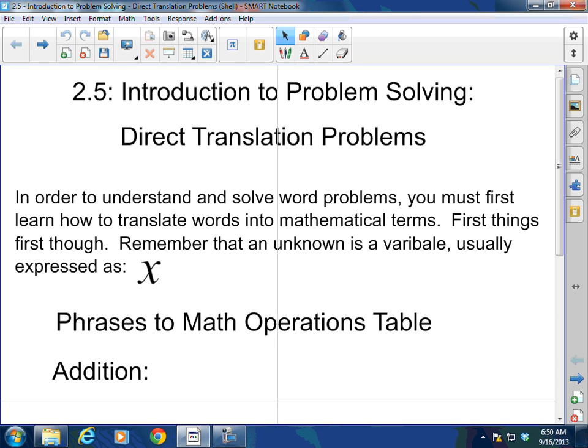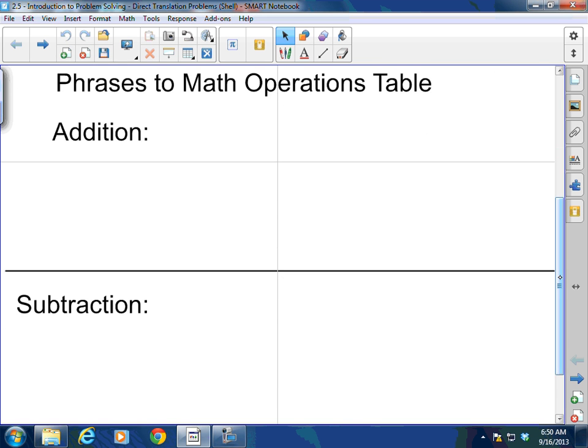All right. Now, phrases to math operations table. Let's take a look at this table. Whenever you see the following words, these are clues or indicators that addition is being required.